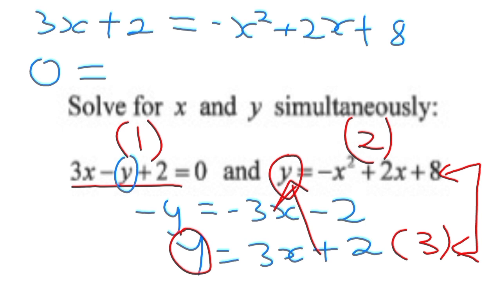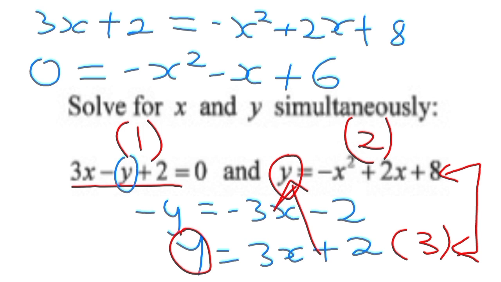Here we're going to have negative x squared. Then 2x minus 3x is going to give us negative x here, good people. Then we take that 2 to that side. It's going to give us 6, because it's going to be 8 minus 2. We are going to have 6 there, good people.